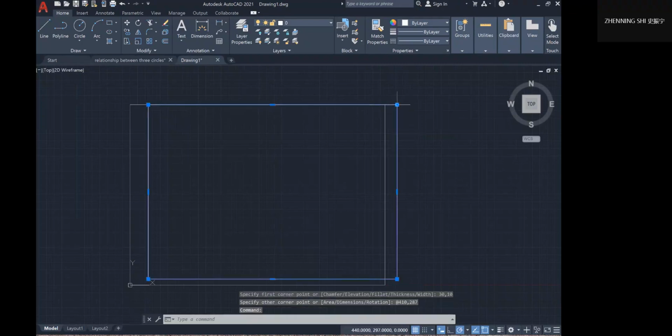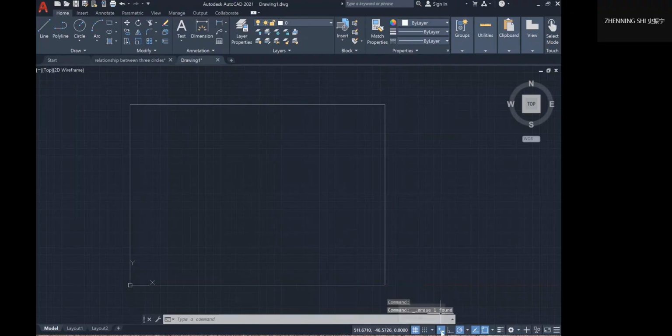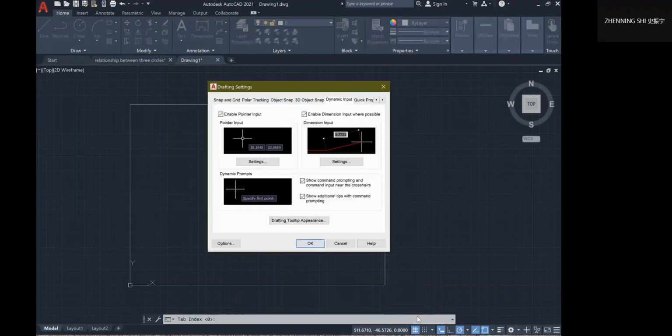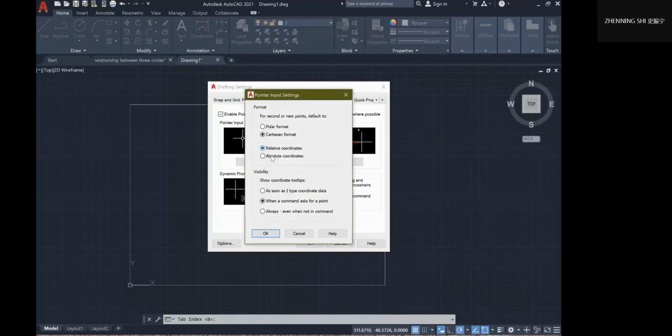Oh no, I think it's wrong because I changed these settings, the absolute coordinates and relative coordinates. The relative coordinates are relative to a specified point, not the original point.